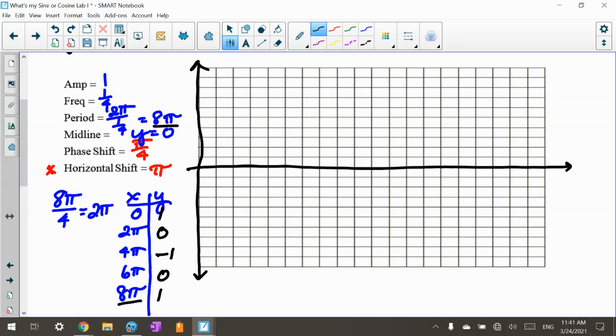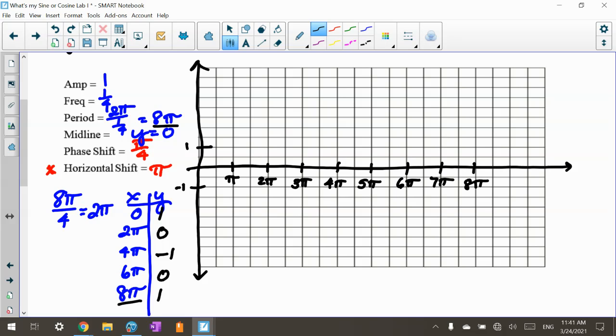All right, and I'm only going up 1 and down 1, so that's easy. And I'm going to count by pi, so this is pi, 2 pi, 3 pi, 4 pi, 5 pi, 6 pi, 7 pi, 8 pi.